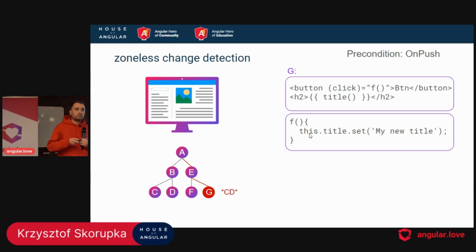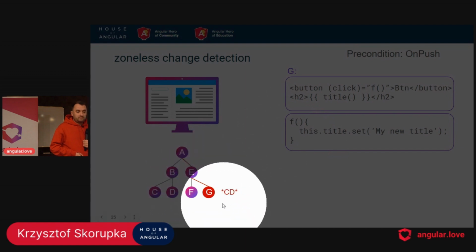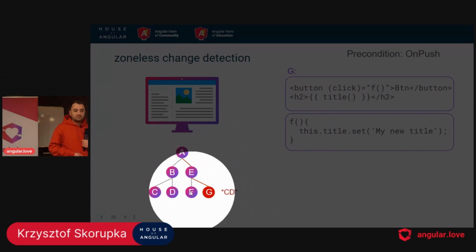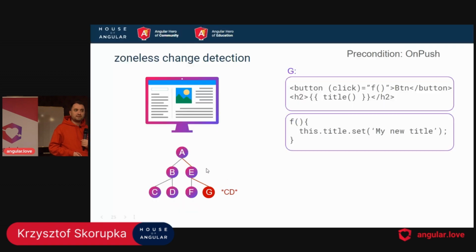It's also about efficiency. If change detection is run only when it's really needed and it's scoped to single components, then much less operations need to be performed. This can also affect things like CPU usage, or on mobile devices, battery usage at the very end. So for the most part, our application can stay idle instead of overreacting like it did in the case of Zone.js.